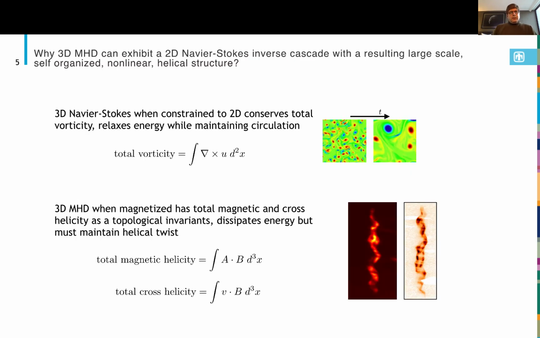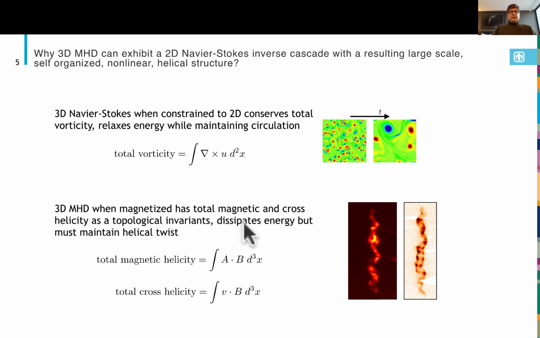Well, what is it about this 2D Navier-Stokes that's similar to 3D MHD? Well, Navier-Stokes constrained to 2D conserves total vorticity, or the spinniness of it, so you see that it has to relax in energy while maintaining the amount of circulation. 3D MHD has both total magnetic helicity and cross-helicity as topological invariants.